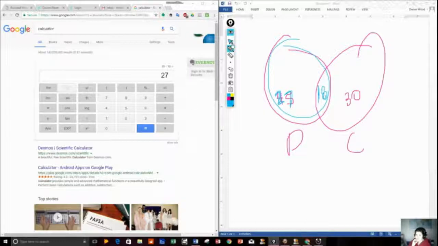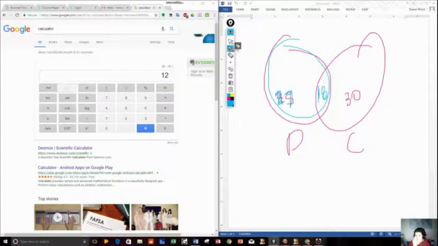Let's check. Did it remain 45? Well, 27 plus 18 is 45. Okay, now we do the same thing for cats. The cat total was 30, but 18 of them lie in the intersection. So how many don't have a dog? What is 30 minus 18?